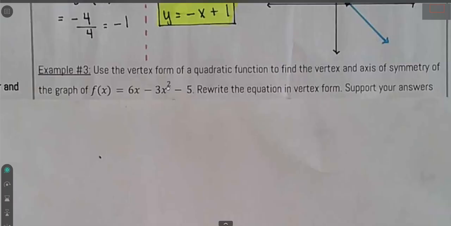There's a formula on the front of the page. So on the front it says H equals negative B over 2A. Negative B over 2A, yeah.